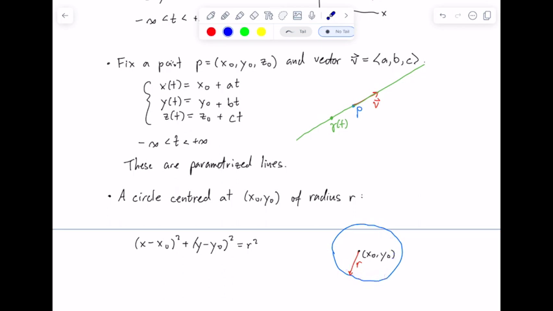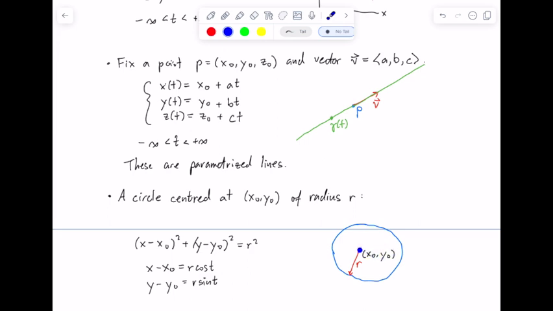Well, if I think of polar coordinates, then it makes sense for me to set x minus x naught to be equal to r cos t, and y minus y naught be equal to r sine t.